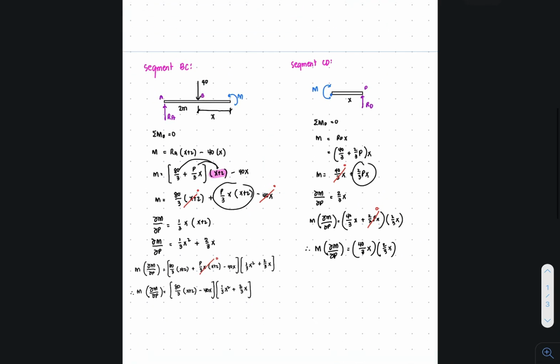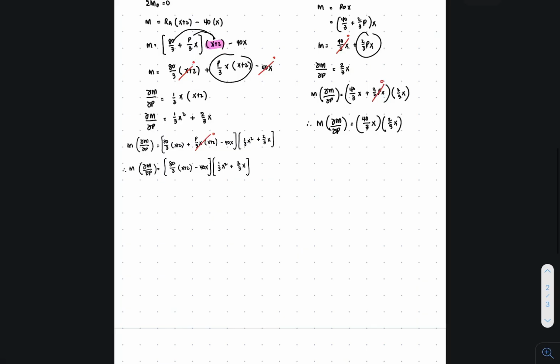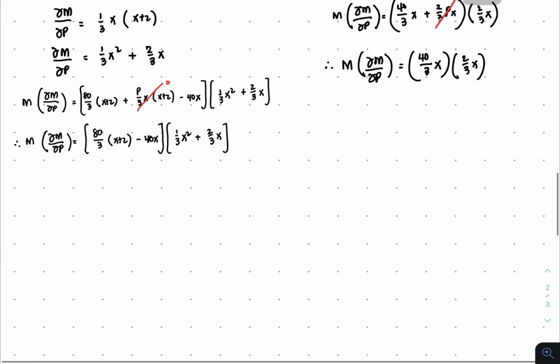That is your equation. So this time, let us now get the integral. Since we're talking about deflection and we assume that the deflection is downward, it's actually 1 over EI of the whole integral.